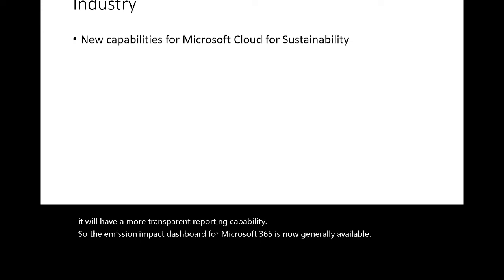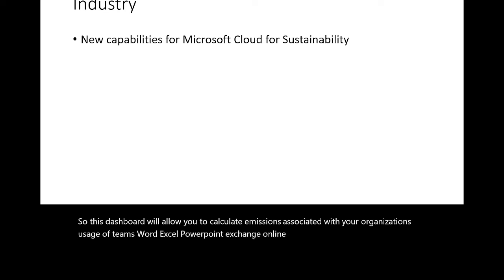This dashboard will allow you to calculate emissions associated with your organization's usage of Teams, Word, Excel, PowerPoint, Exchange Online, SharePoint Online, and OneDrive for Business. It will also allow you to calculate emission savings by moving workloads to the cloud.